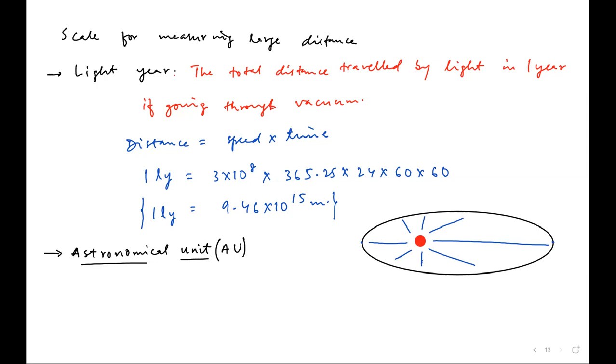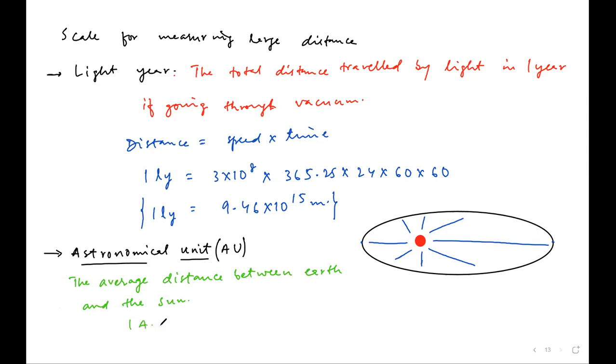So astronomical unit is nothing but the average distance between Earth and the Sun.